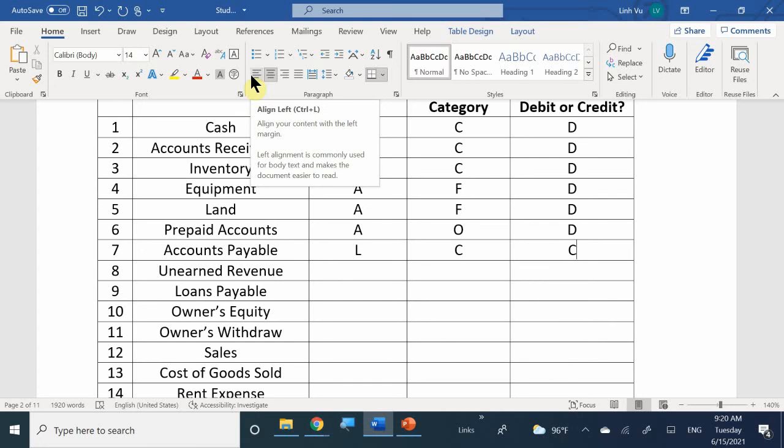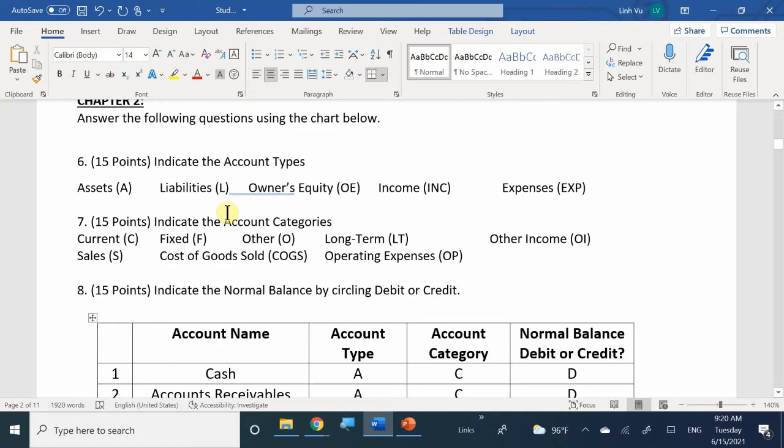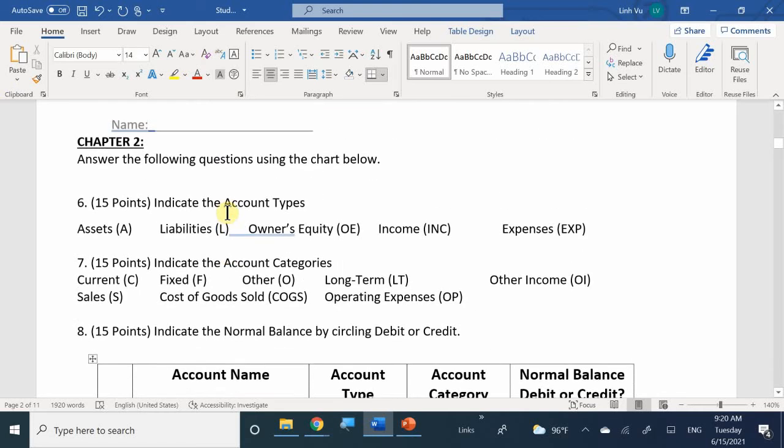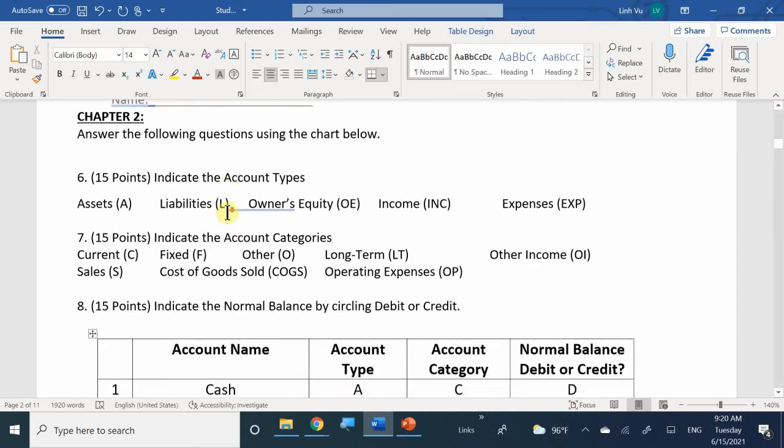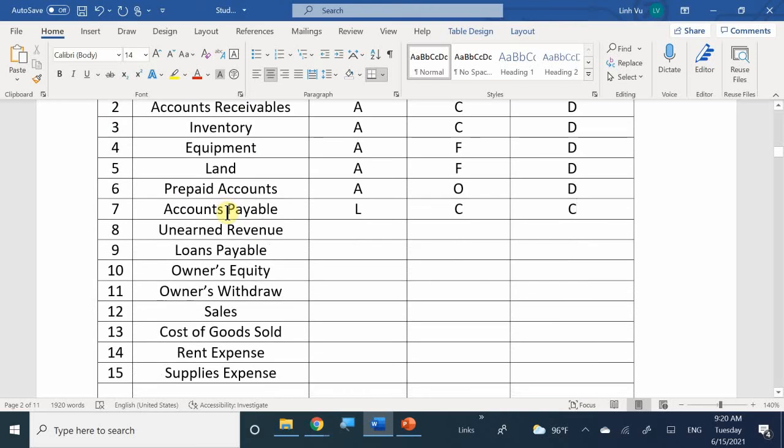So if you haven't provided the service, what does that mean? Go back to the choices. It's a liability, because you owe services. You owe them. Okay, got it. That makes sense. If a customer pays you in advance for services which you haven't completed, you owe them services. So unearned revenue is going to be a liability.